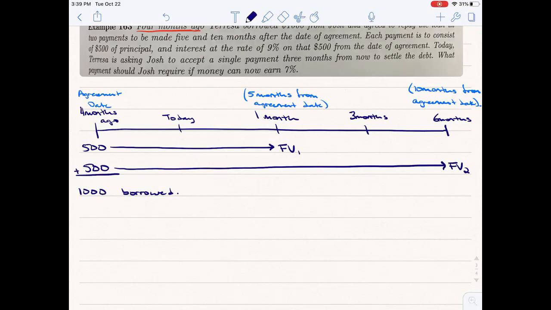So the time for this first one, the distance of this arrow is 5 months, so 5 over 12 in terms of years. So 5 over 12. T2 is 10 months. The distance of this arrow is 10 months, so 10 over 12.